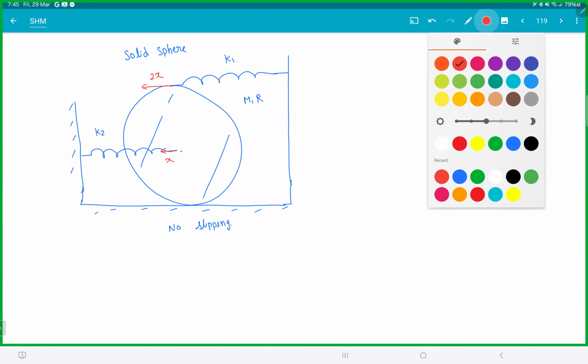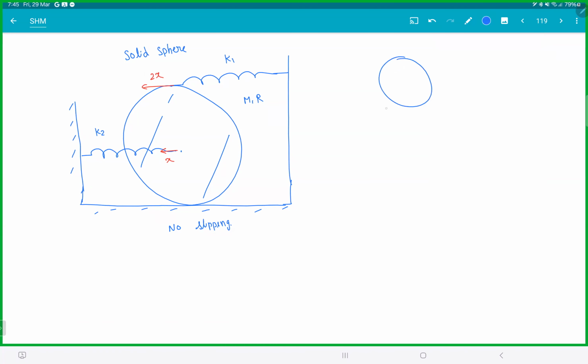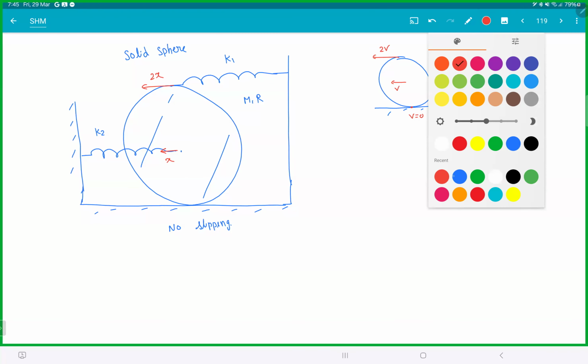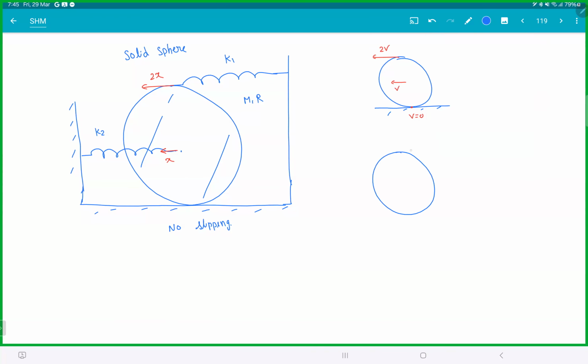Because it is not slipping, on a sphere, the points have different velocities. If this point has velocity 0, this point has v, this point will have 2v. So the upper spring will stretch by 2x. Now, if you write the forces, this guy will be k1 into 2x. This guy got compressed, so this also will push, k2 into x, and I will take acceleration this way and alpha this way. Friction will be this way.